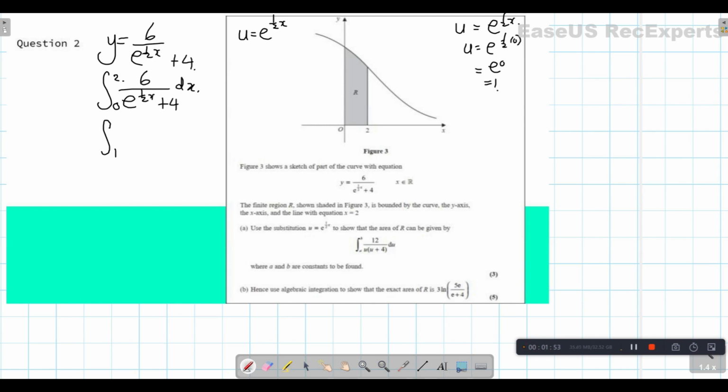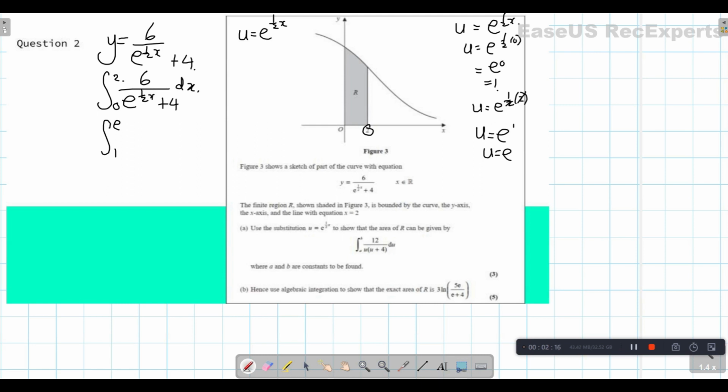What about the upper limit? When x equals 2, u equals e to the power of half times 2. Cancel those two, you get u equals e to the power of 1, or u equals e.